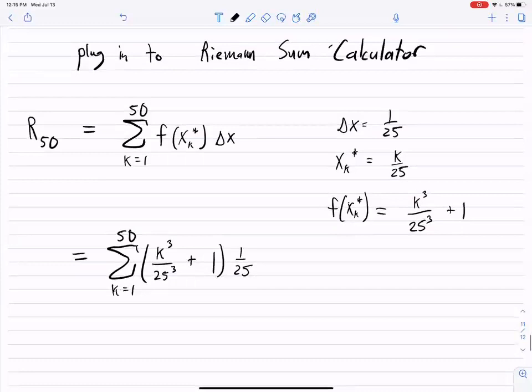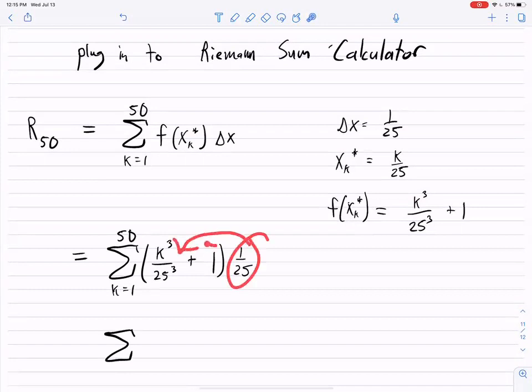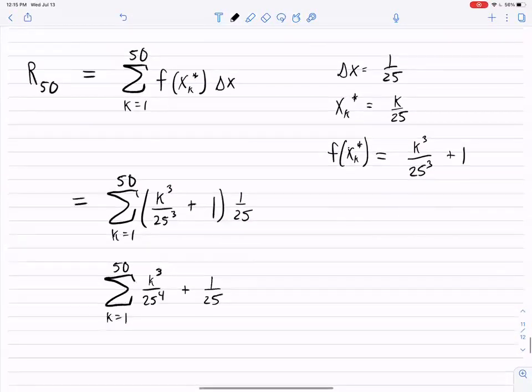And then what we can do is break this up using sigma rules. Distributing this 1 over 25 to both of these gives me 1 over 25 to the 4th times k cubed, plus 1 over 25, sum from k equals 1 to 50. That's to the 4th power, I should probably make that more obvious.